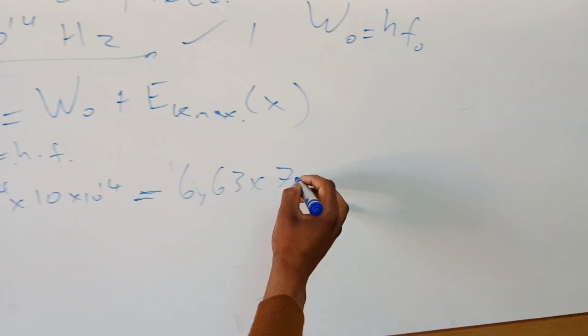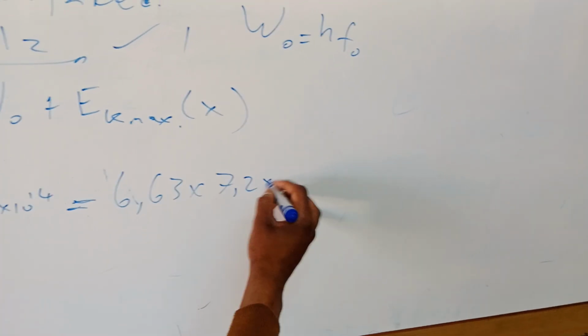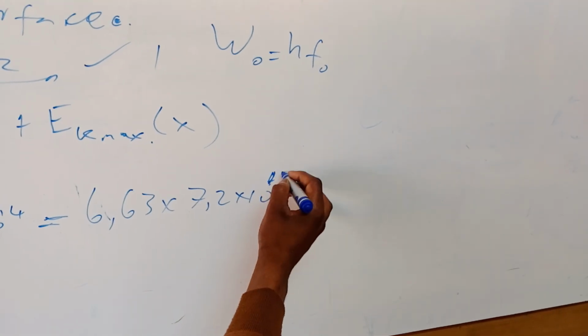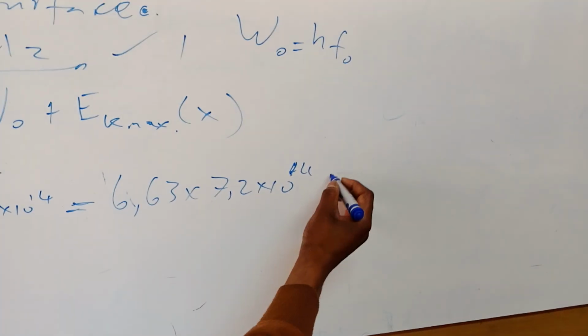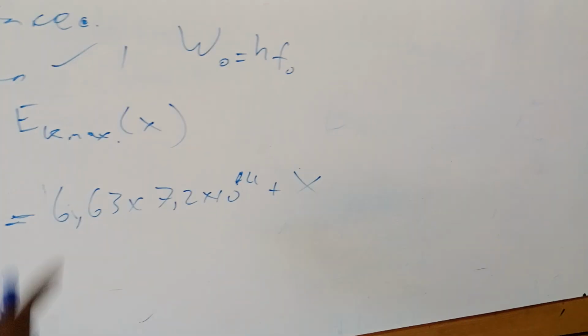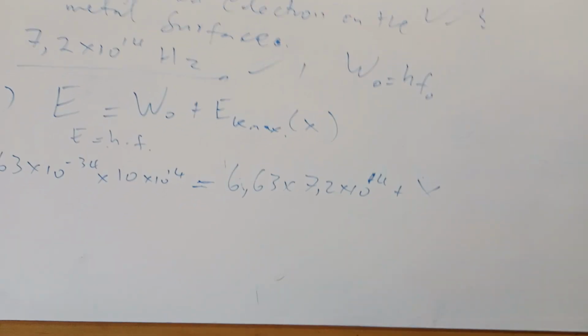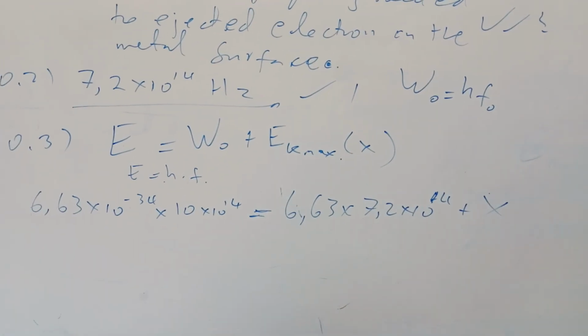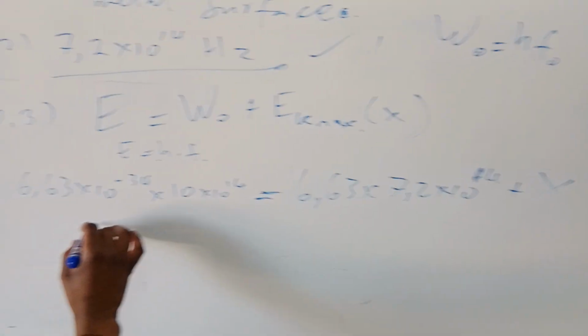We say now 7.2 times 10 to the power 14 plus, let's assume this is x, because that's what we are looking for. If you look at this, it's straightforward. You make x the subject of the formula.